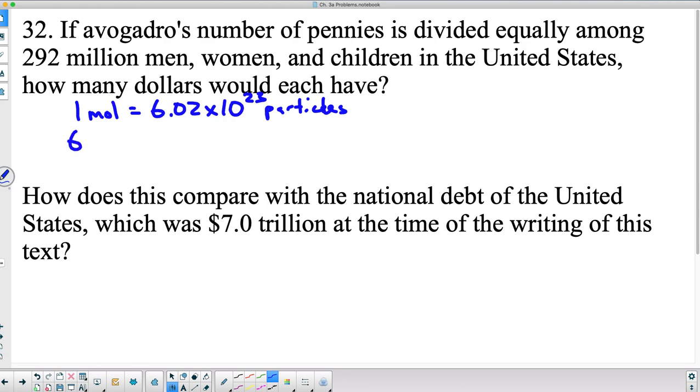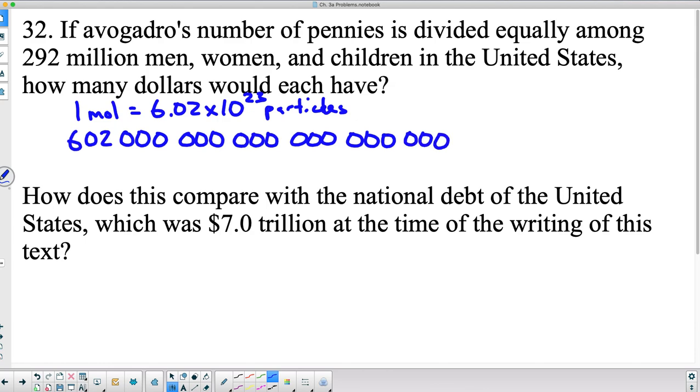That means 6, 0, 2, and 21 zeros after that. There's 3, 6, 9, 12, 15, 18, 21.